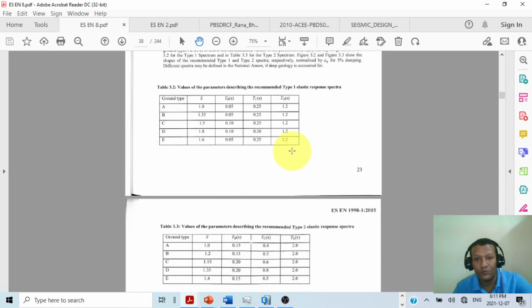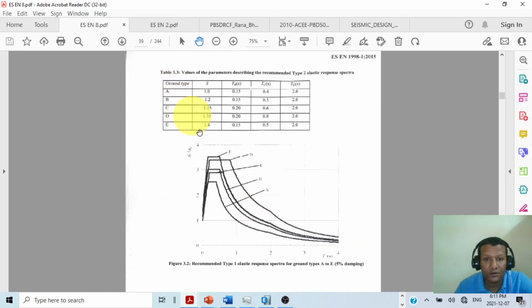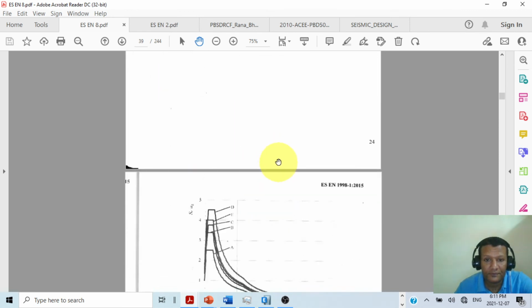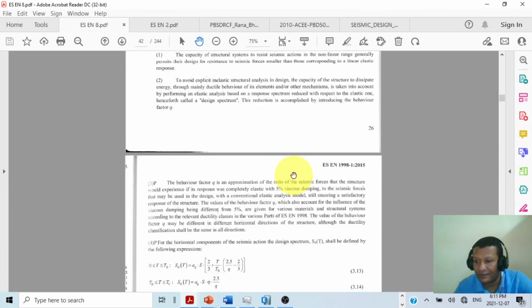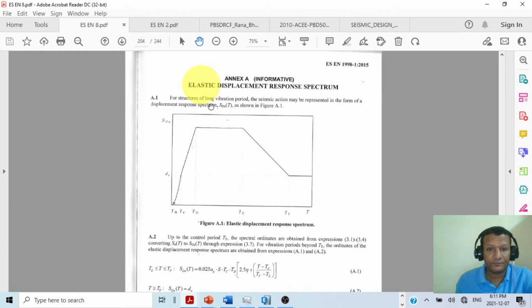So this is how we construct our response spectrum. As you can see, for different ground types we have different response spectrums. Again, I want to show you, for example on page 204, we have valuable information. This is the elastic displacement response spectrum, because if the time period is greater than 4 or 5 seconds, for high-rise buildings we will have constant displacement.